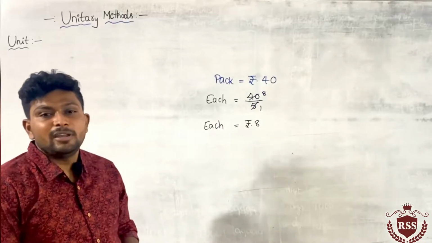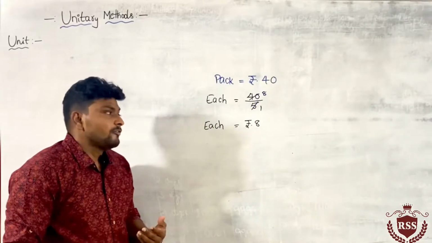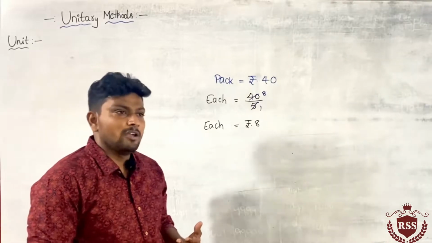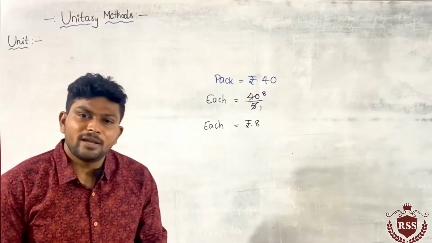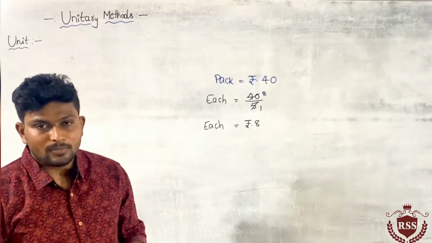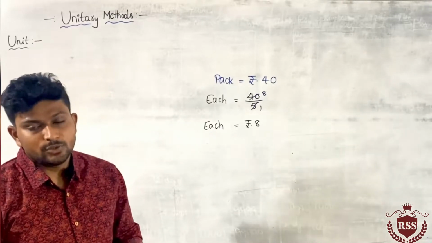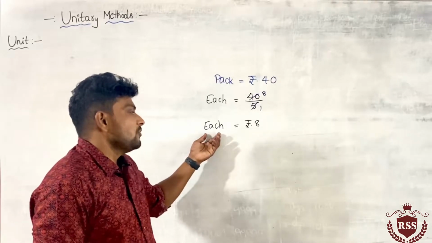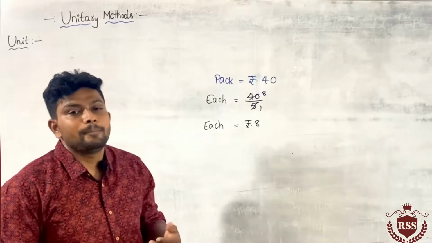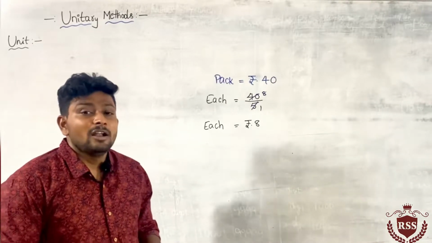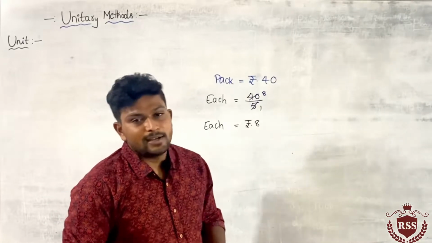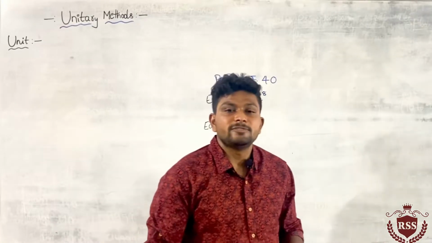So if I require 2 chocolates, I pay 16 rupees. If I require 3 chocolates, I pay 24 rupees. So the price depends on the quantity we are taking, the price will vary.